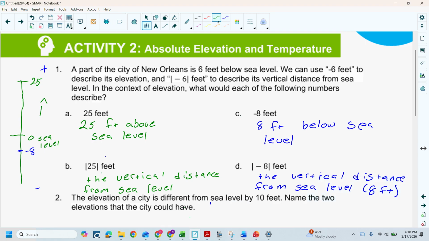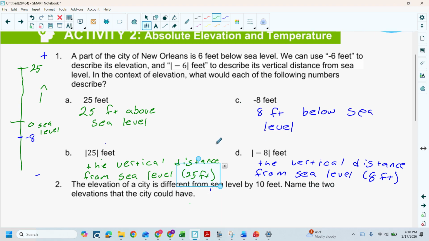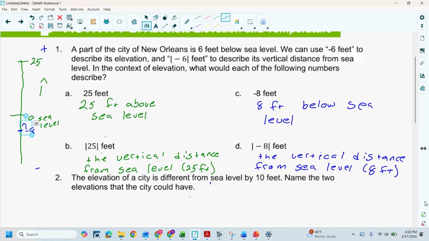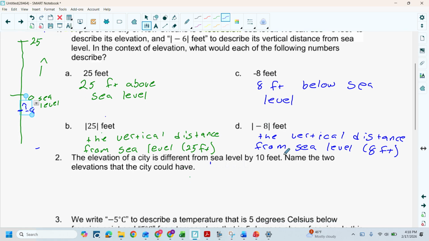And so, just to clarify, 25 feet. Okay? And so, draw a little sketch so that we can see it. It's 8 feet to get to sea level, so that's why the distance is positive, the absolute value is positive.